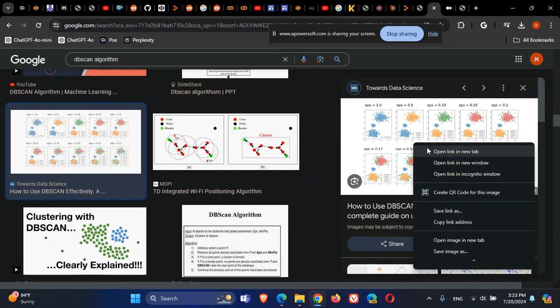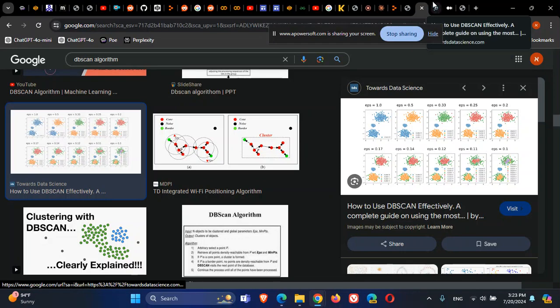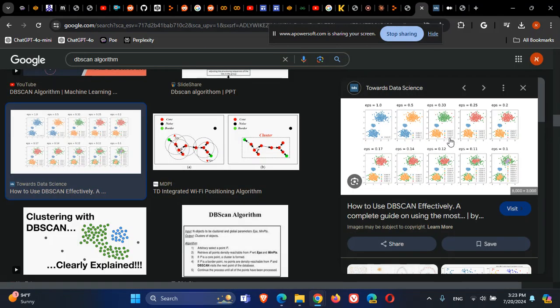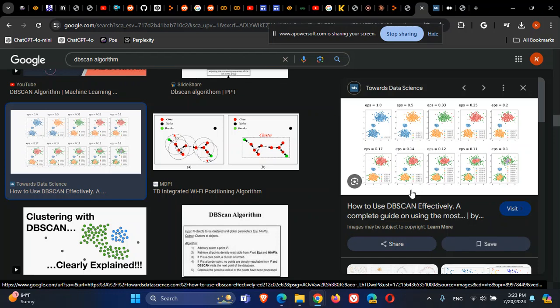You can see here the idea that taking different epsilons gets you different clustering results, as you can see here. This is with epsilon big 1, all of this is one cluster. With epsilon half, we have two clusters. With epsilon 0.33, we have three clusters.